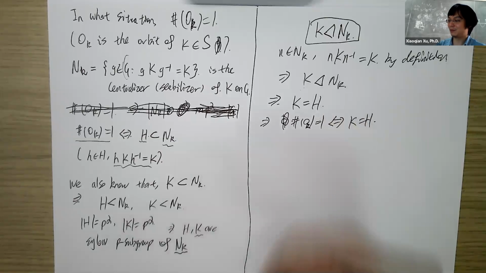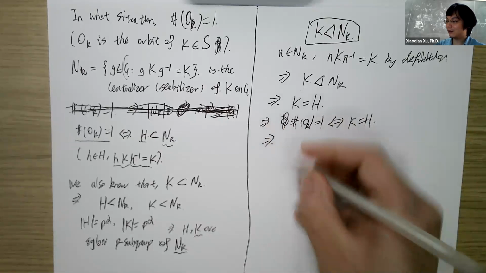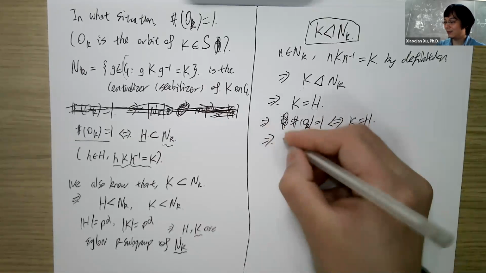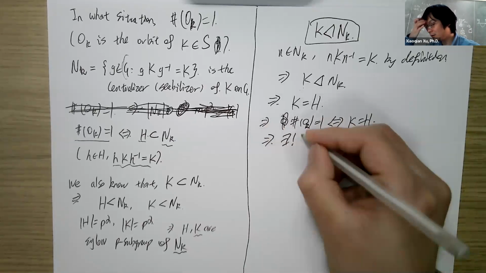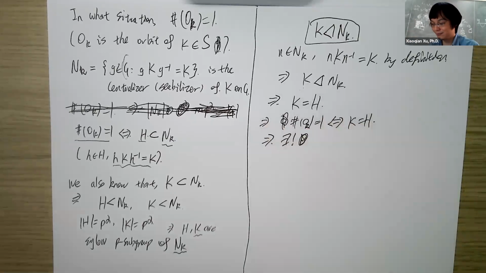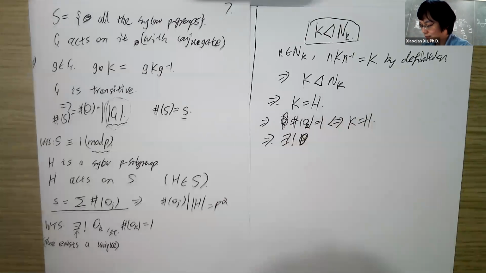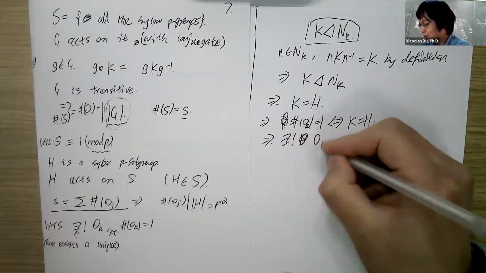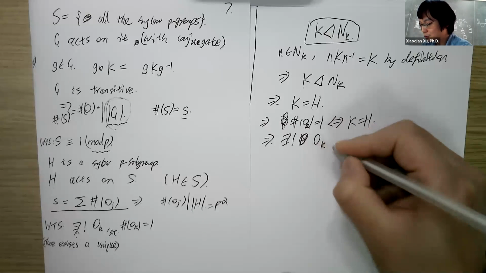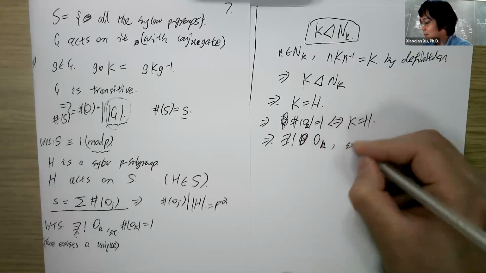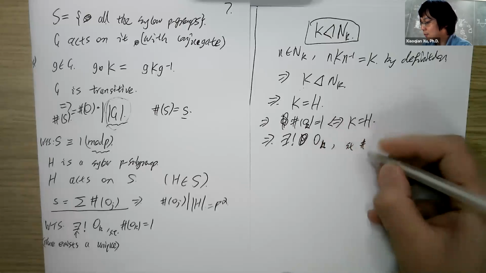That means there exists only one orbit, let's use OH, such that the order of OH equals 1.